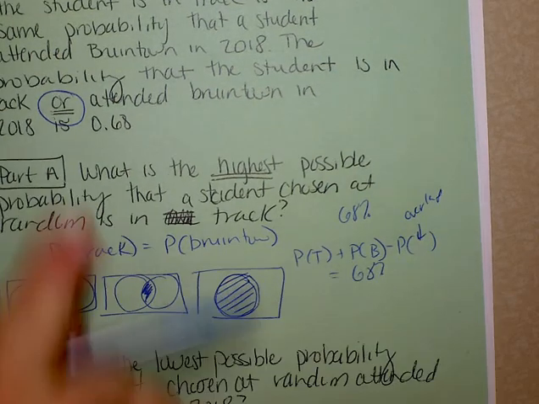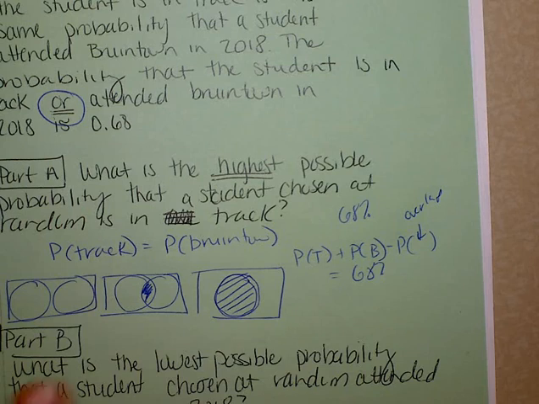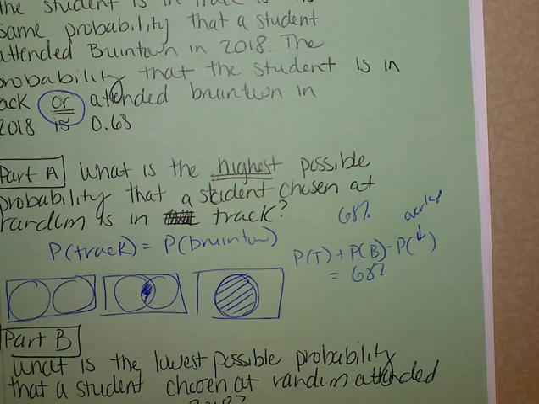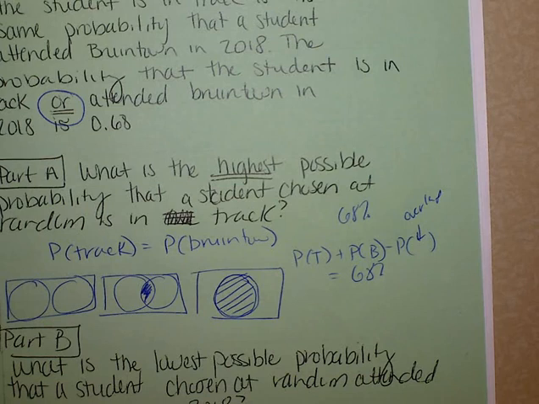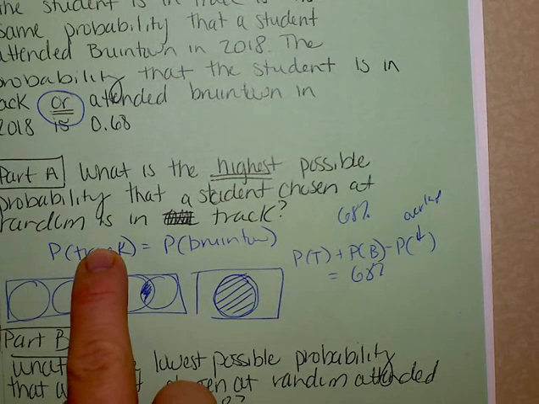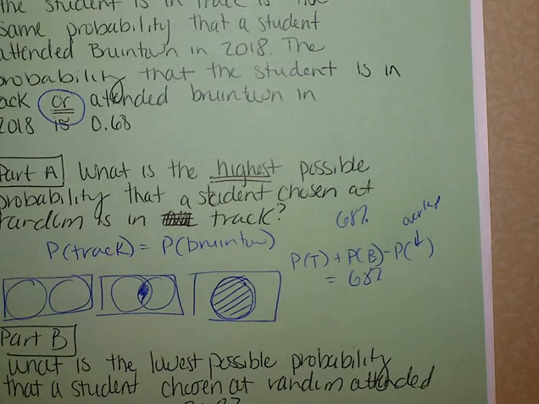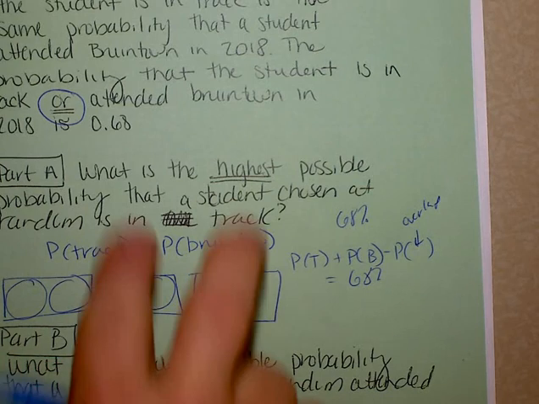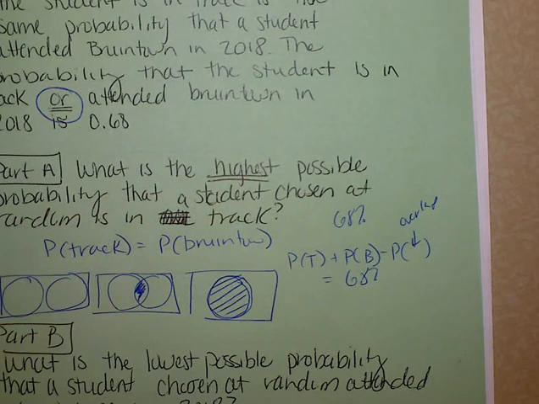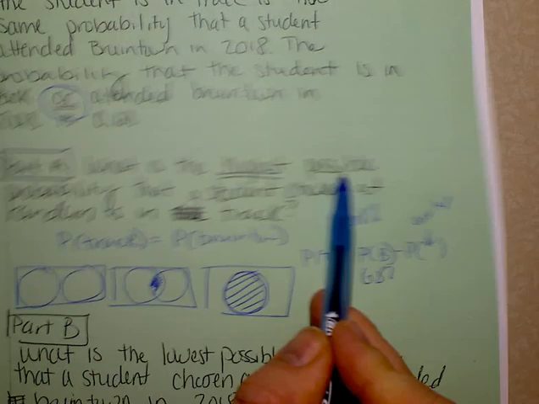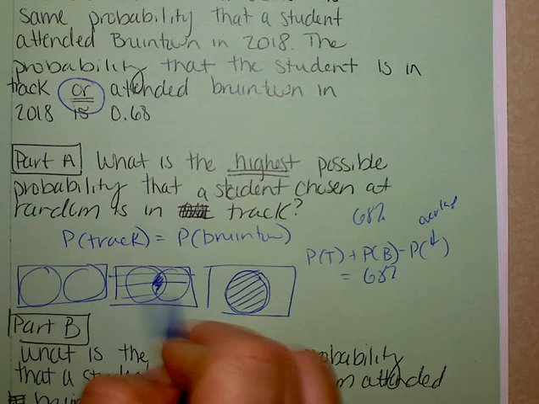For this particular word problem, of these three options, there's one option I get to cancel out, based on the fact that the probability of track has to be exactly the same as the probability of Bruintown. There's one option that I can cancel out, and then we're going to cancel out a second option. What is the highest possible probability? That would be this one.